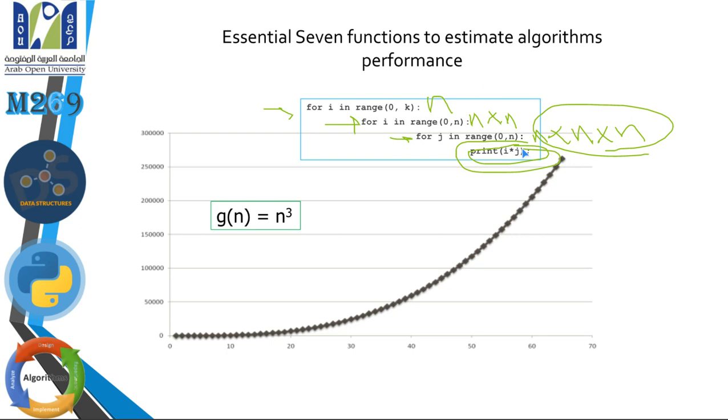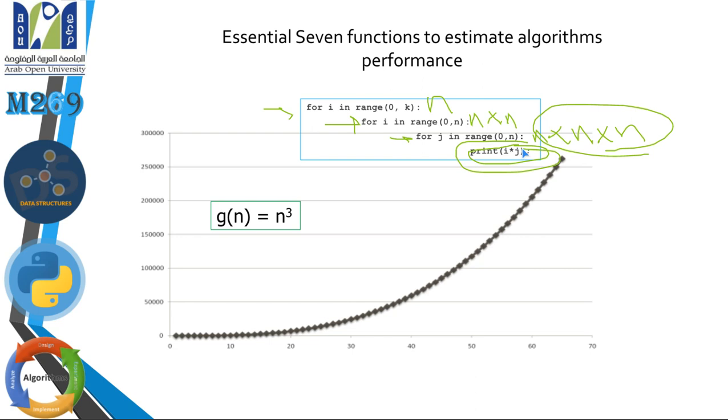It's going to be repeated n by n by n. We don't consider only the for loop, we are considering the code inside the for loop, not only the for loop itself. You got it?